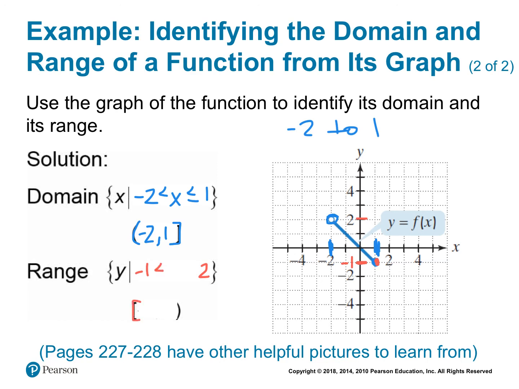I'm going to use a less than or equal to sign for the y, since it could include that. And it goes up to an open dot. So that's why I have a parenthesis, which will be a less than sign without the equals. So -1 is my minimum, 2 is my maximum. It starts with a bracket and ends with a parenthesis.